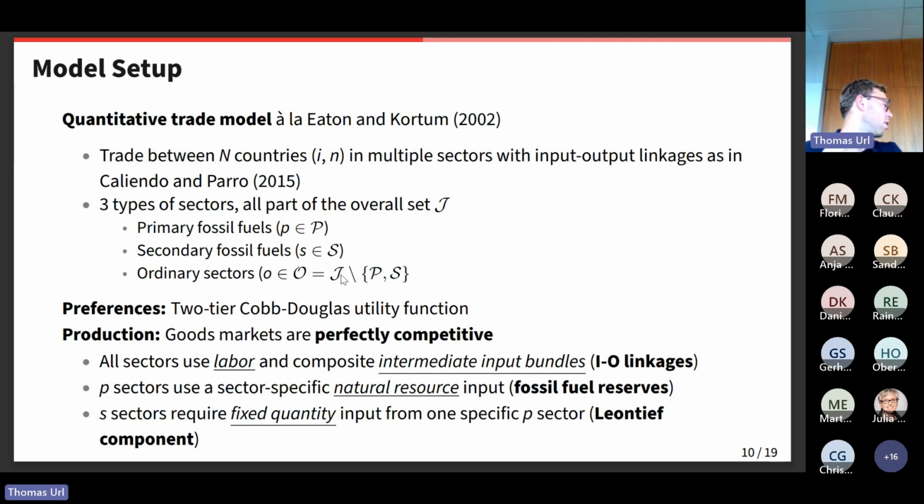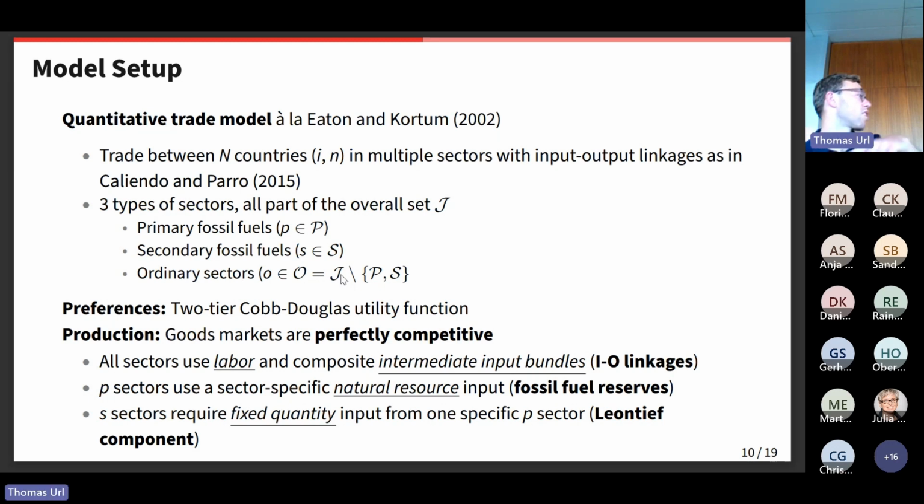No, I understand the definition of P and S sectors, but I was wondering what this fixed quantity really means. If it means, okay, I need a certain amount of fossil fuels to produce whatever in that sector, and whatever amount is below this would be ordered in another sector, because I could imagine a lot of sectors would need somehow fossil fuels.